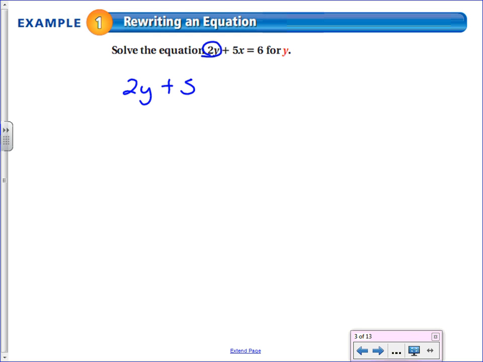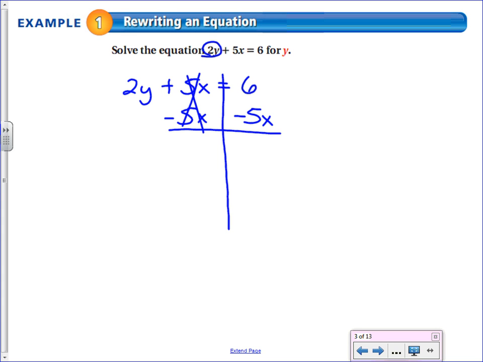So let's rewrite this. 2y plus 5x equals 6. Let's draw our line straight down the equal sign to make sure that we keep everything separate. Now I'm going to move everything but the 2y first. In order to do that, I have to move my 5x. The opposite of positive 5x is negative 5x. So I'm going to subtract 5x from both sides. I cross these off.